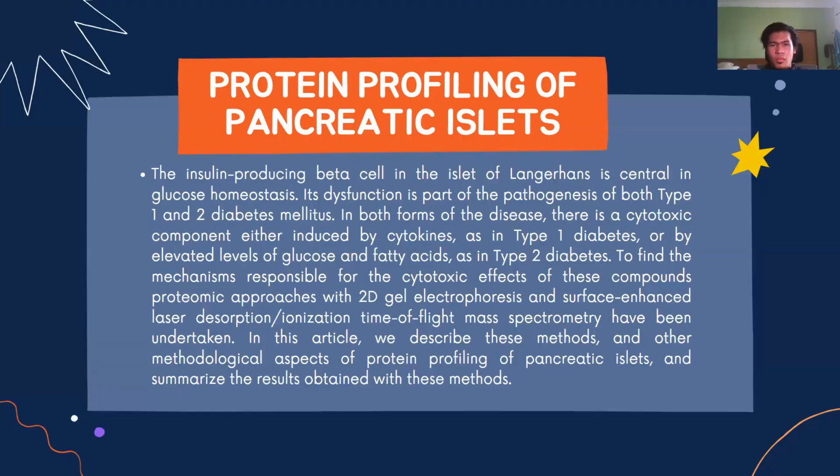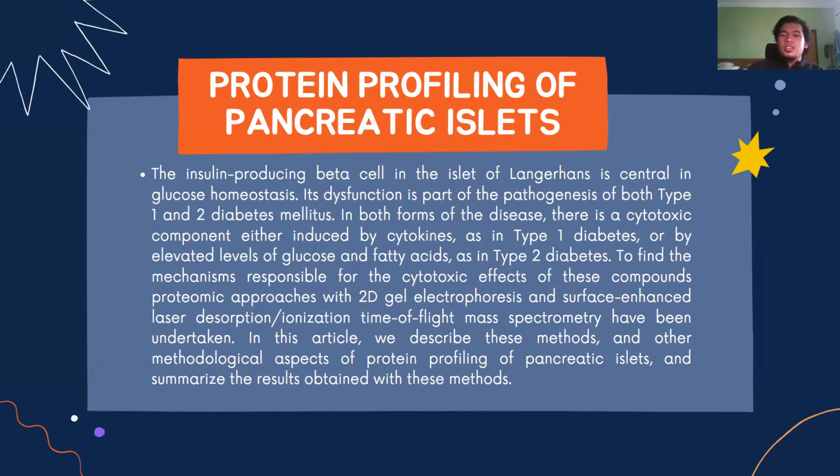Other than that, proteomics also does protein profiling of replicated islets. This is one specific example that I found on the PubMed website, which is a trusted article. The insulin-producing beta cell in the islets of Langerhans is central in glucose homeostasis.